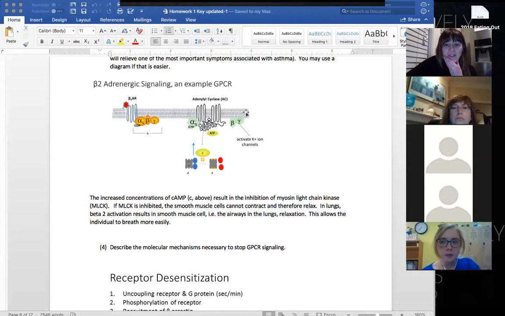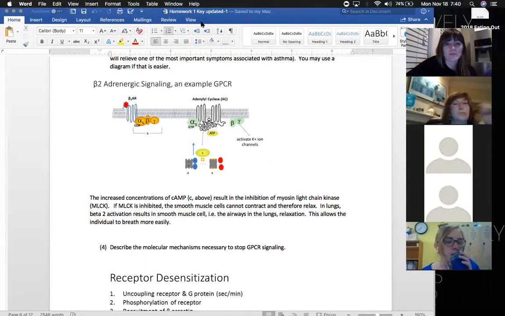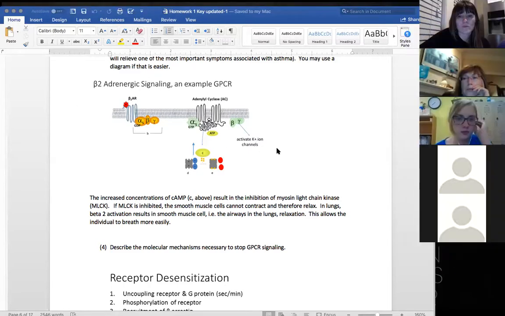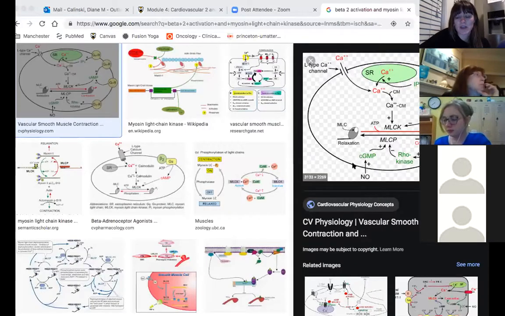The beta gamma subunits will also change some of these channels, and I believe they also activate calcium channels. So if we look at this picture again, seeing the activation of these calcium channels opening up and bringing calcium in, calcium levels increase.